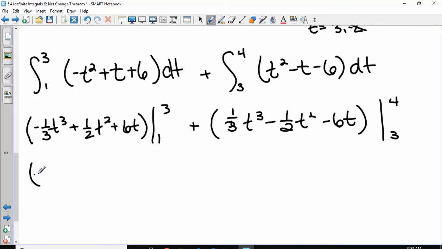So let's evaluate this. We put in a 3, we get negative 27 over 3, so negative 9. So 9 over 2, 13.